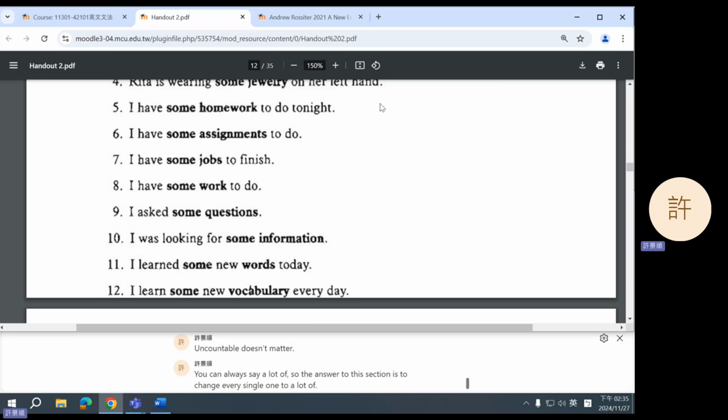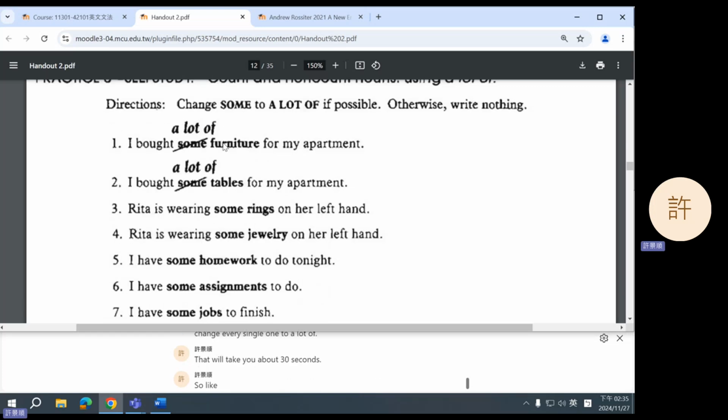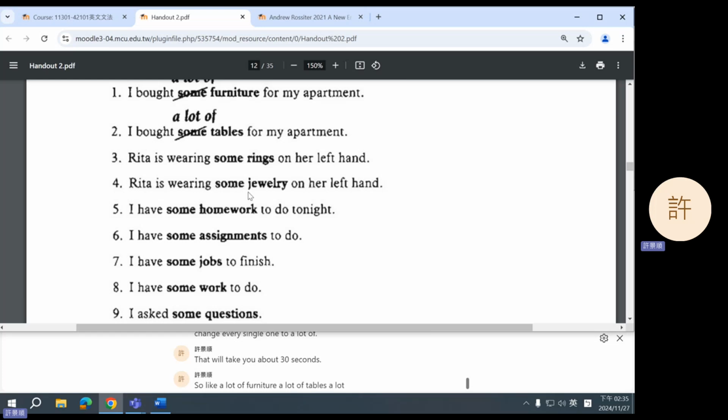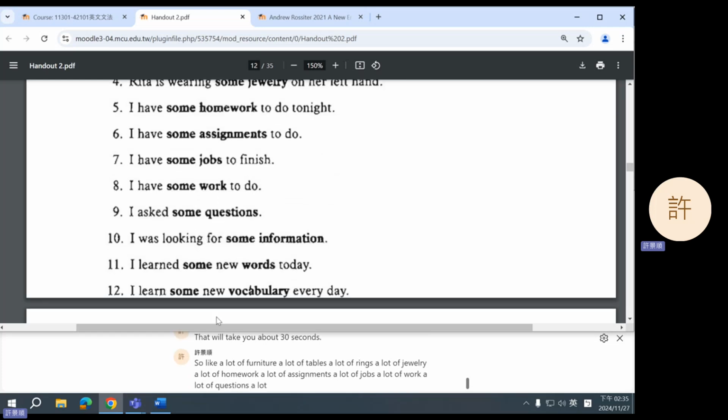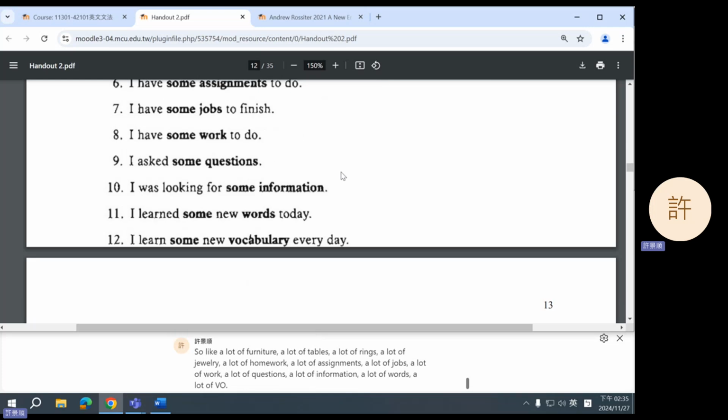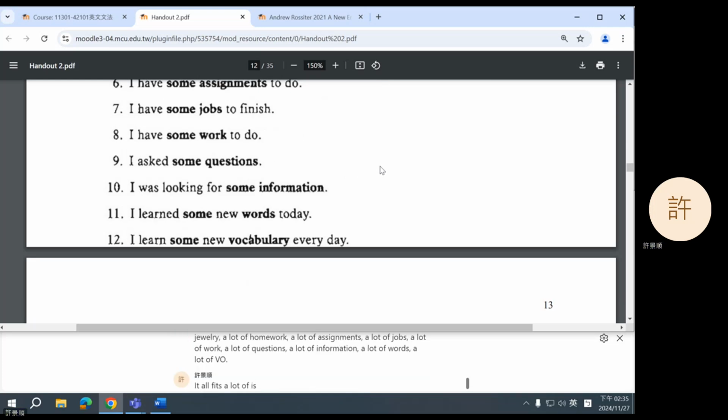That will take you about 30 seconds. So like a lot of furniture, a lot of tables, a lot of rings, a lot of jewelry, a lot of homework, a lot of assignments, a lot of jobs, a lot of work, a lot of questions, a lot of information, a lot of words, a lot of vocabulary. It all fits. A lot of is a great word.